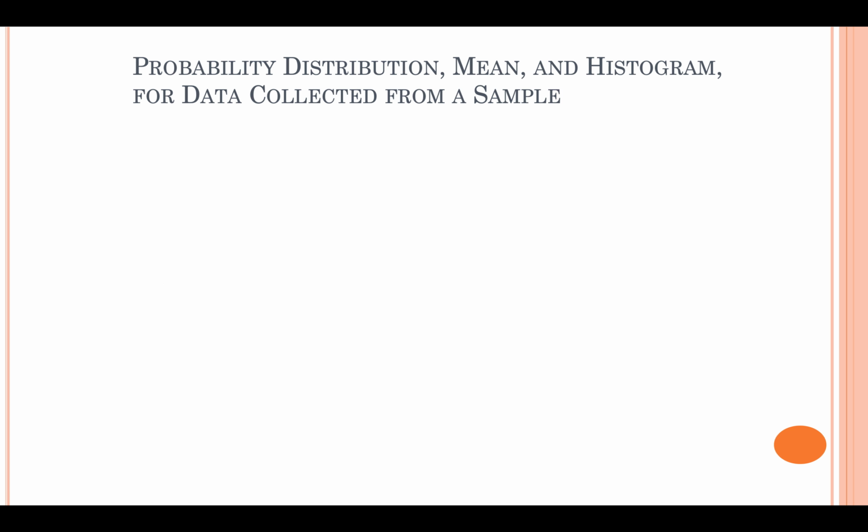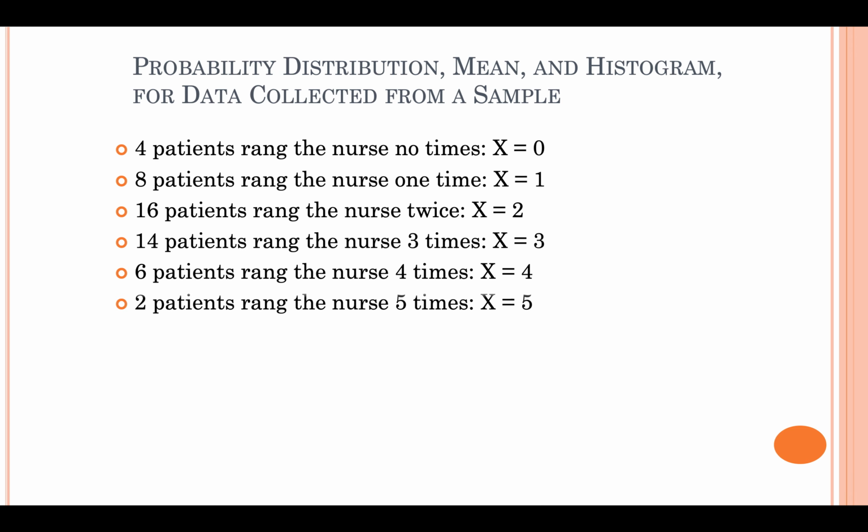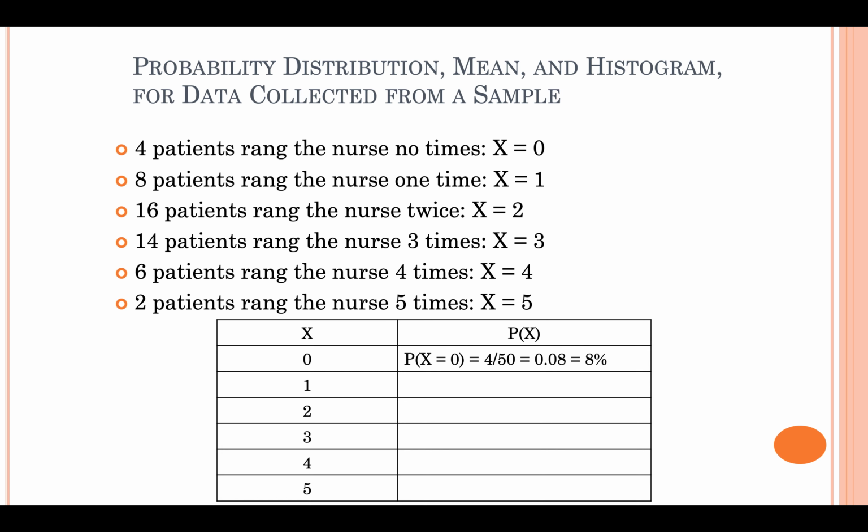So our first step is to take those values of X and put them in a probability distribution table in the first column, and then calculate the probabilities for the second column. So if you follow along with the first example, the first probability is going to be for X equals 0. You take the number of patients for that value of X, that's 4, and divide it by the total number of patients in the sample, and that's 50.